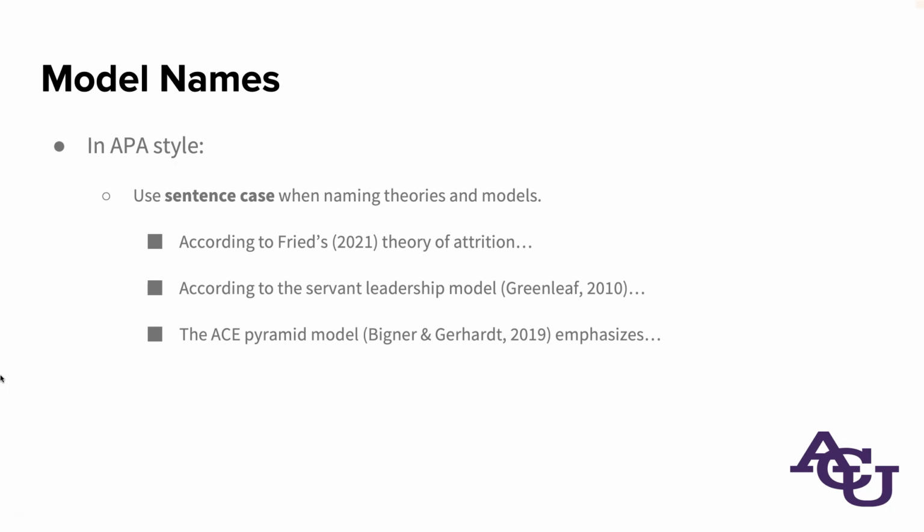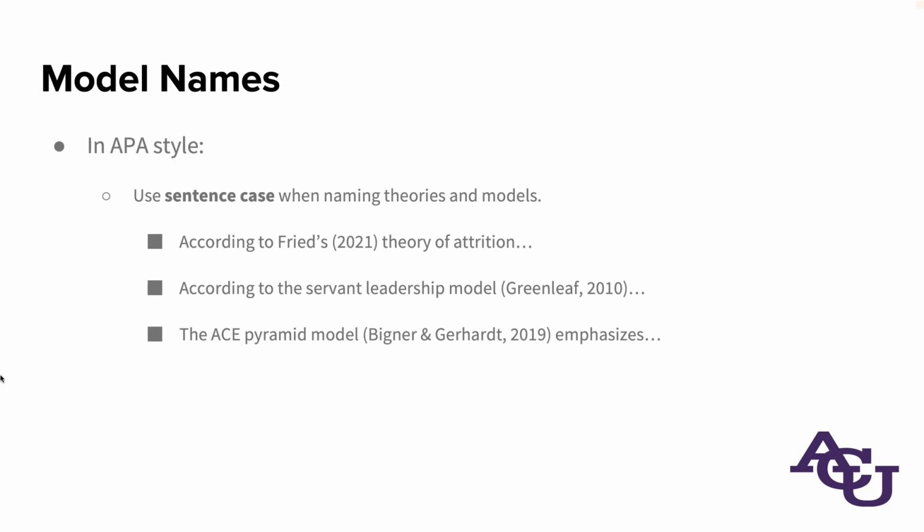But in most cases, the combination of the textual name, servant leadership model, and the citation will tell the reader enough to go and find what they need. But if you're discussing, say, multiple servant leadership models by different authors, then you might use according to Greenleaf's servant leadership model to contrast it with, say, Bingham's servant leadership model.